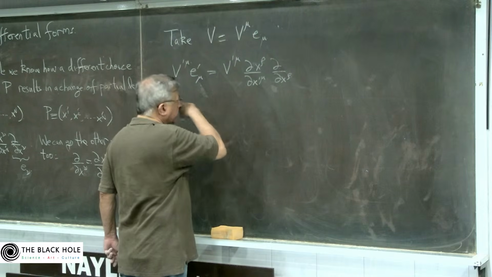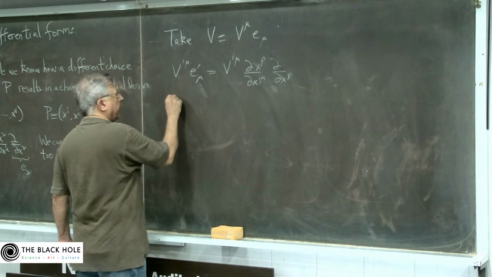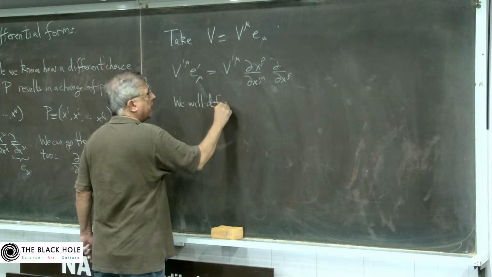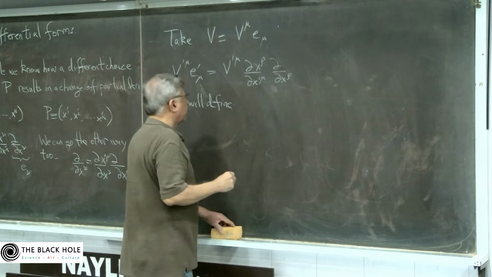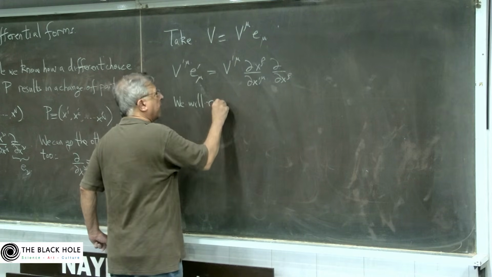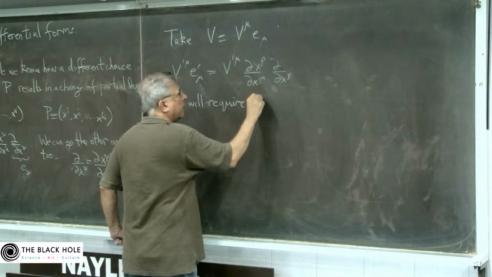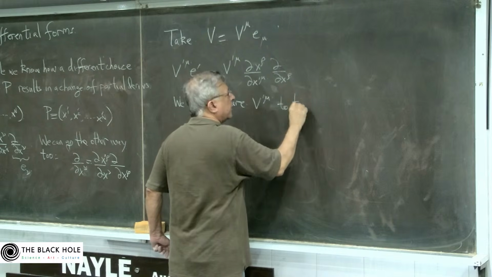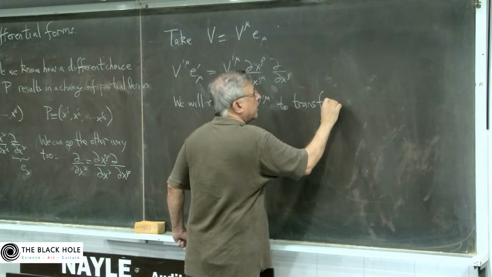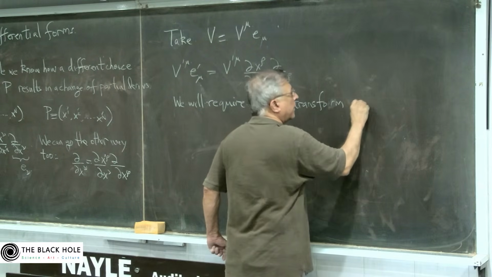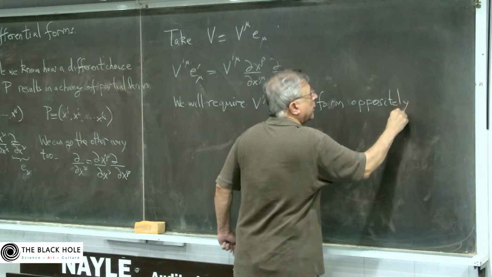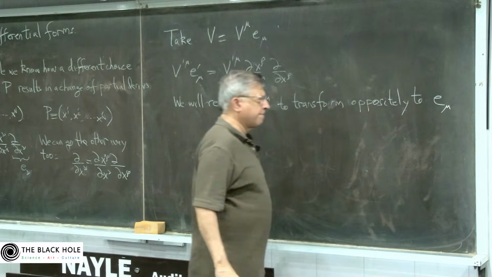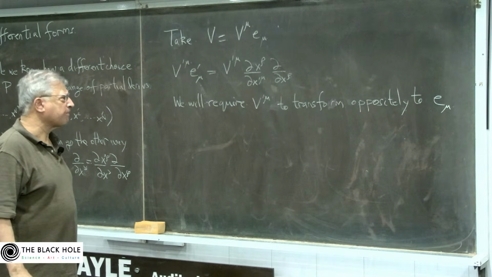Okay, but now we will define, we will require to transform oppositely, opposite to E mu prime.